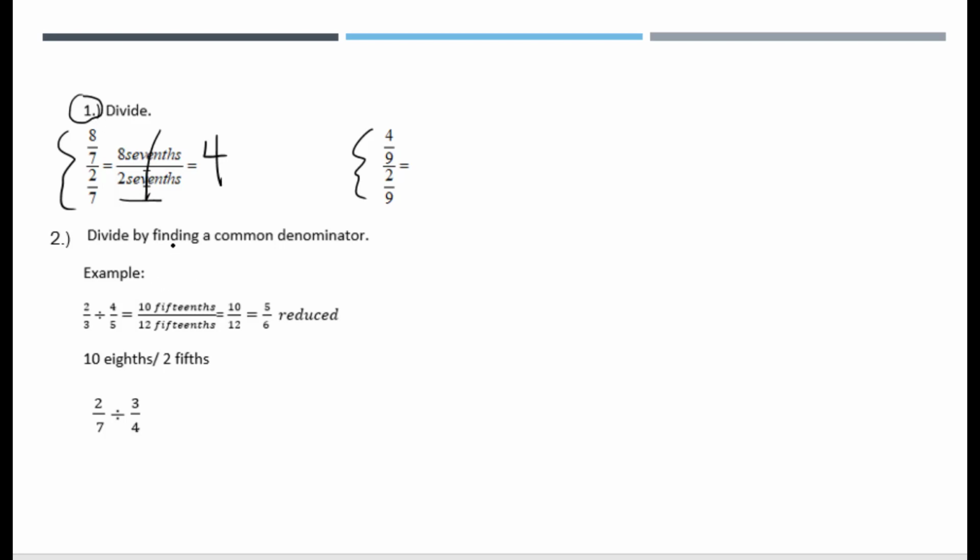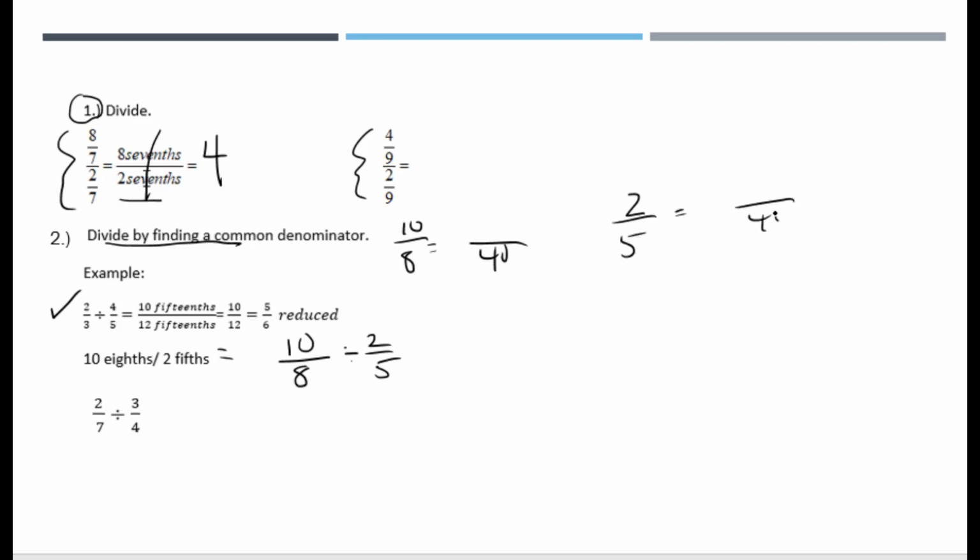Now this one is a little more complicated. I'm going to divide by finding a common denominator. So here's an example. See if you can follow that. I'm going to go 10/8 divided by 2/5. I'm going to find a common denominator, which would be 40. So I'm going to change 10/8 into 40ths and 2/5 into 40ths.